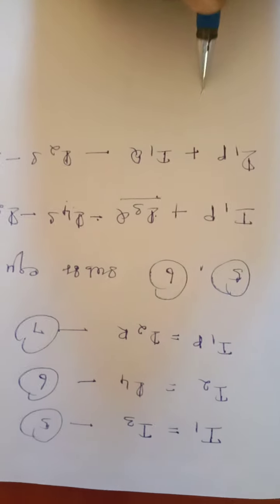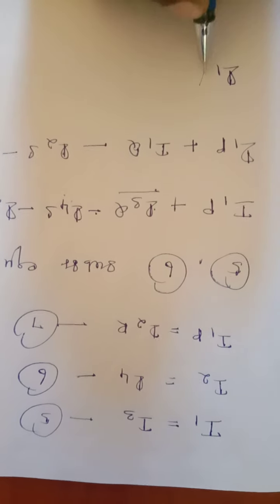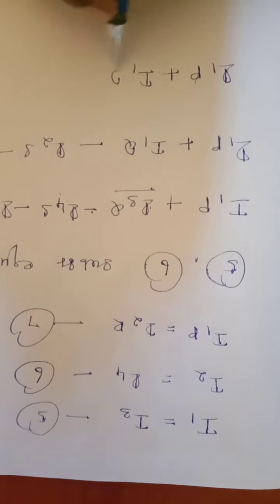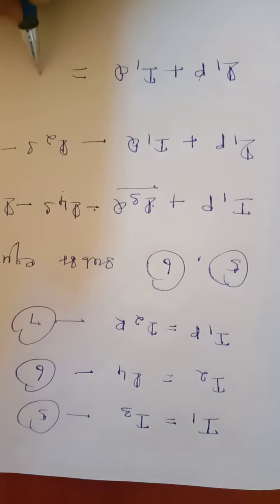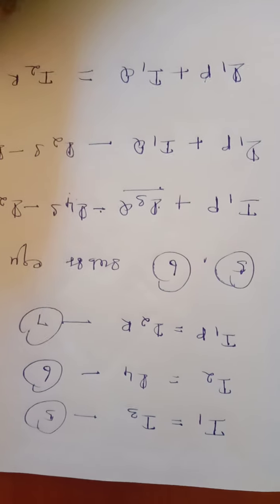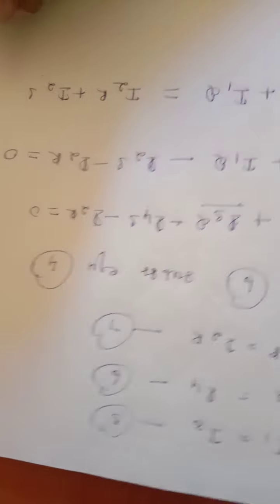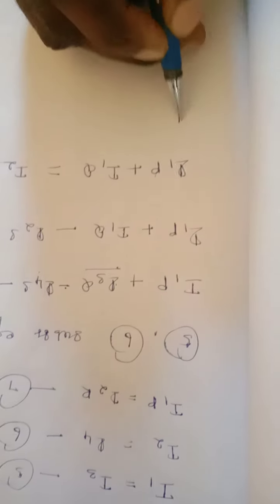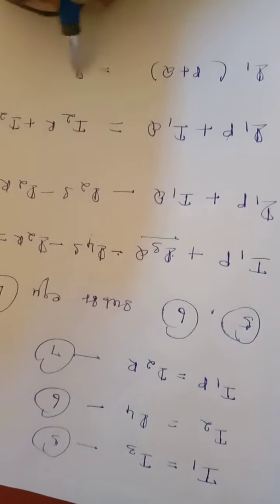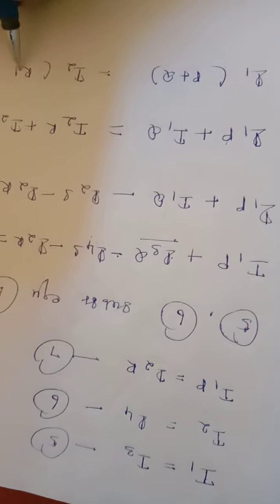Next, from the equation, I1P plus I1Q is equal to I2R plus I2S. Taking common factors, I1 times (P plus Q) is equal to I2 times (R plus S).